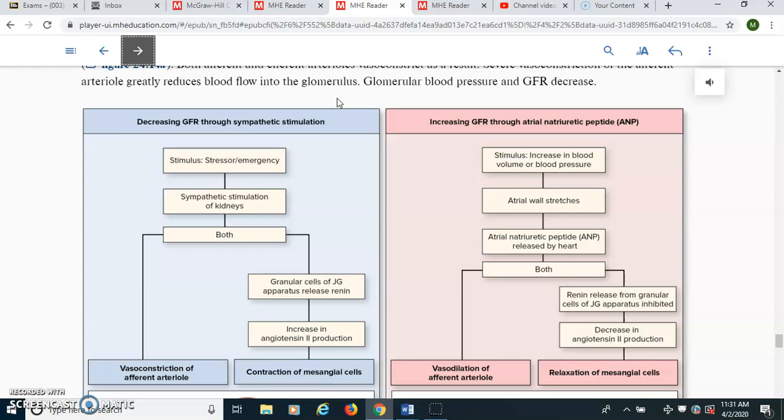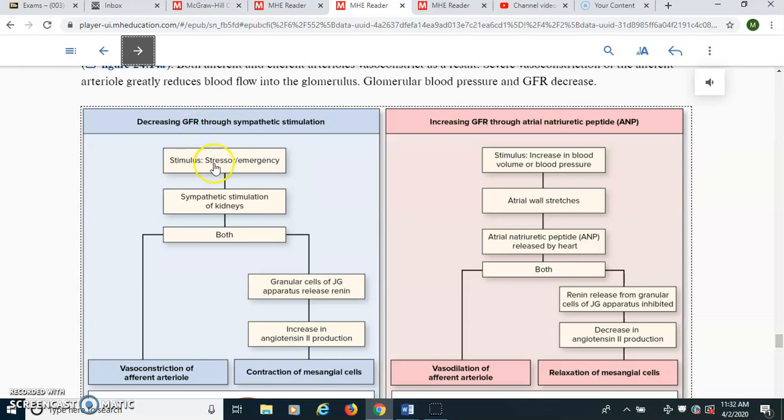When they've lost a lot of blood volume, we don't want them to lose any more, especially through the urinary system. So that's one area we can rely upon to make sure we don't lose any more water from the body because of that severe hemorrhage.